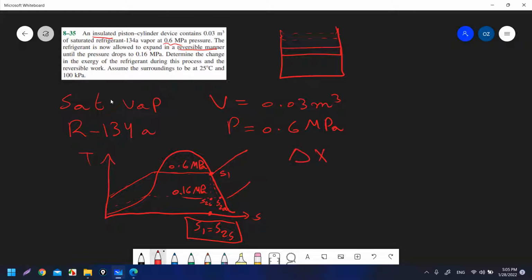He wants delta X, the change in exergy of the refrigerant R134A during this process, and the reversible work, W reversible. Is it W reversible in or out? Here we have an expansion process.